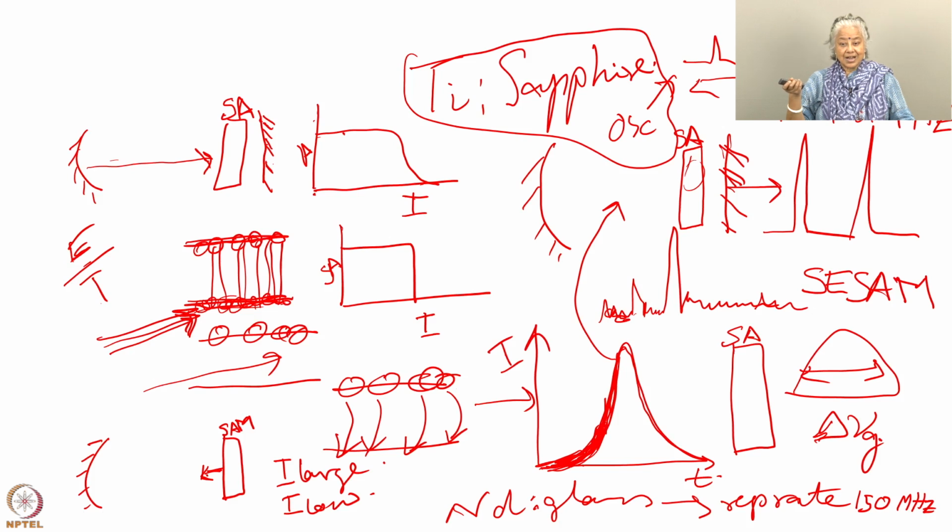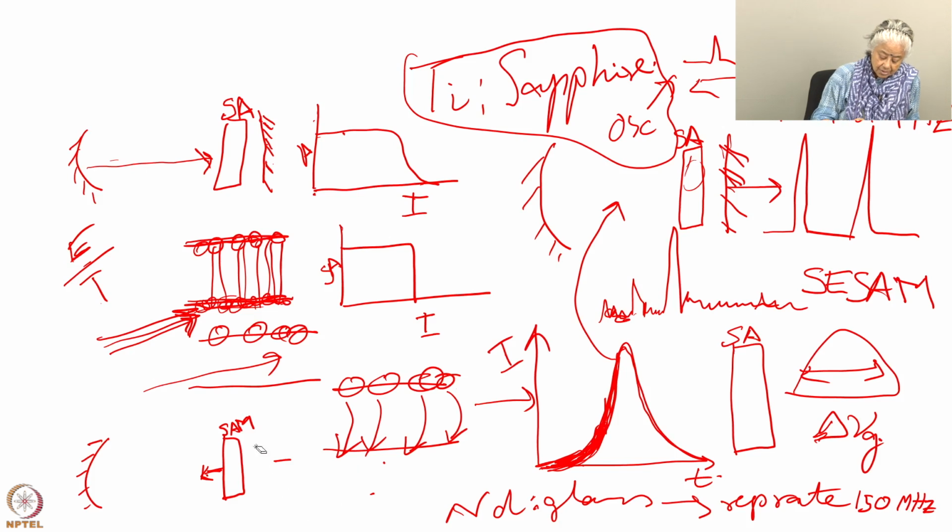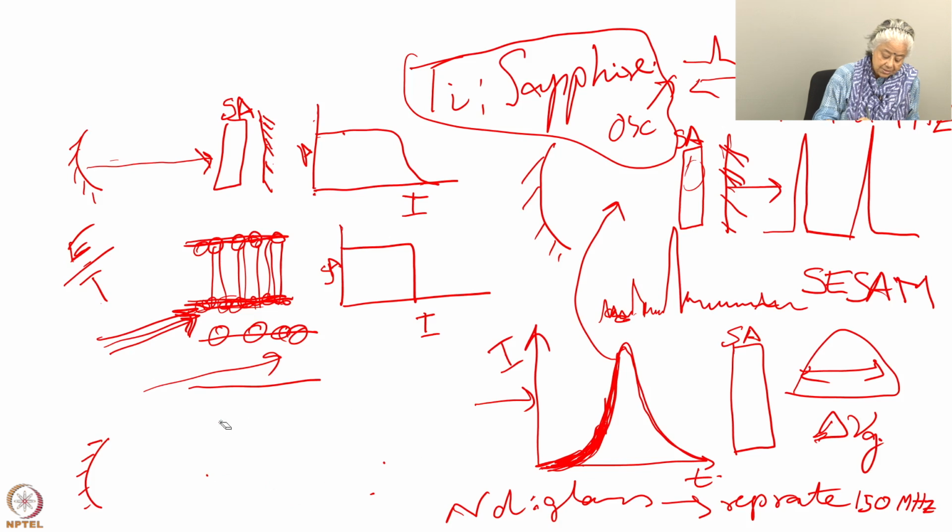So now the point is, when I have such high peak powers and such high intensities, I go into nonlinear optics. No longer is your optical system linear.